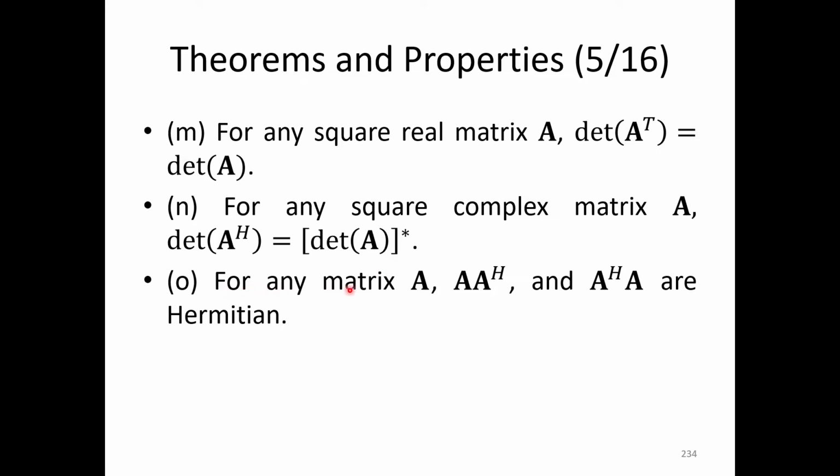O, for any matrix A, A times A Hermitian and A Hermitian times A are Hermitian.